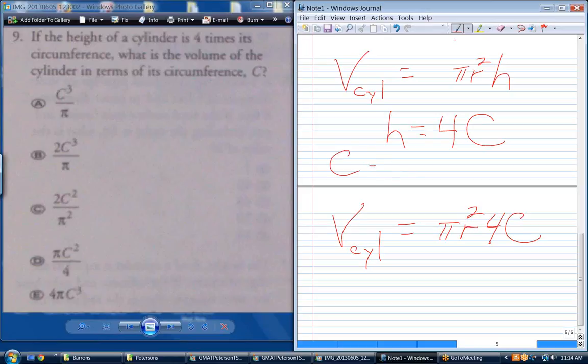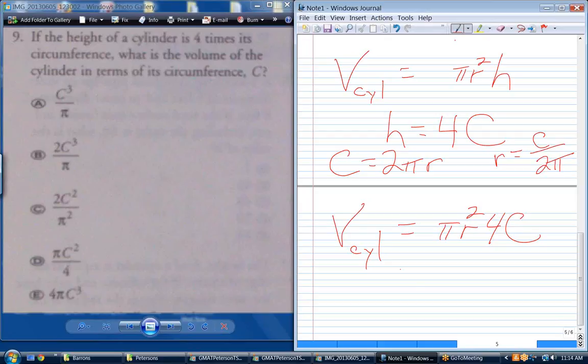If circumference equals 2 pi R, what is R equal to? R is equal to c divided by 2 pi.